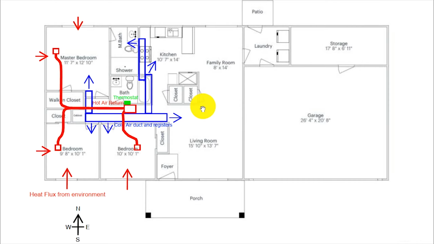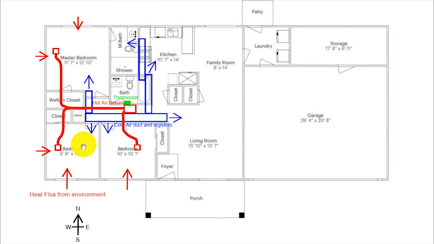So the location for the 3 returns was also considered pretty carefully. I wanted them to be as far as possible from the cold air registers. Otherwise, the air coming from the AC could short circuit, go across the bedroom, and be sucked up in the new hot air return and not actually cool the room effectively.